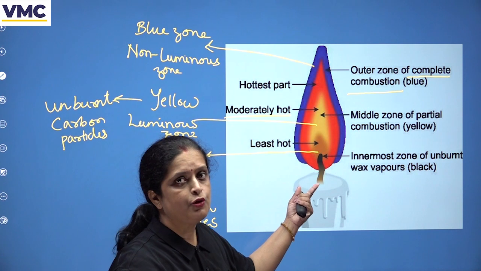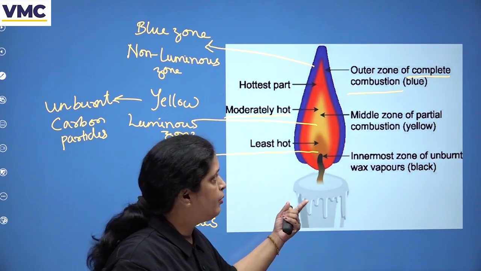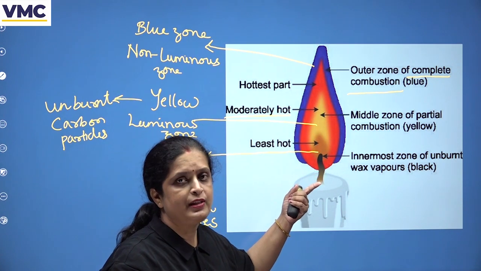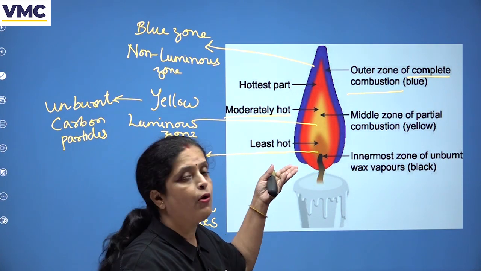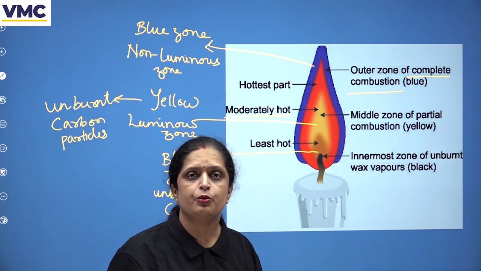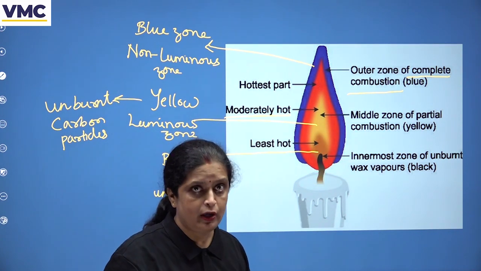So it is the black zone, the innermost zone, which is the coldest zone. Then comes the yellow zone where partial combustion is happening, also known as the luminous zone. Then comes the complete combustion zone, the blue zone, which is the hottest zone.